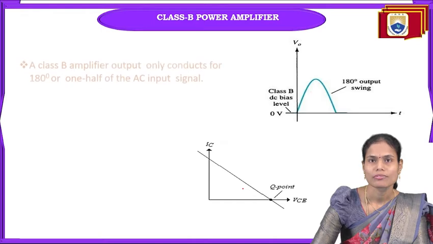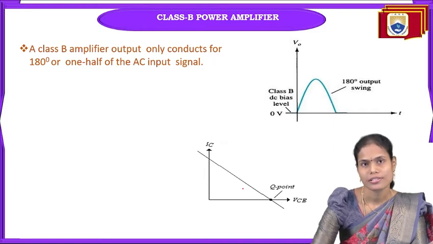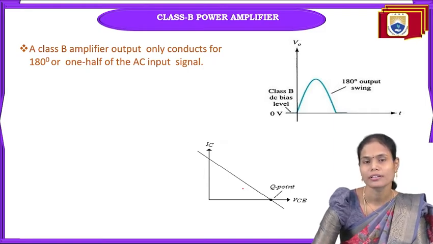So while coming to the classifications, the second classification is the class B power amplifier. In the case of class A amplifier, I have already mentioned that it utilizes the total 360 degrees of the applied input signal.